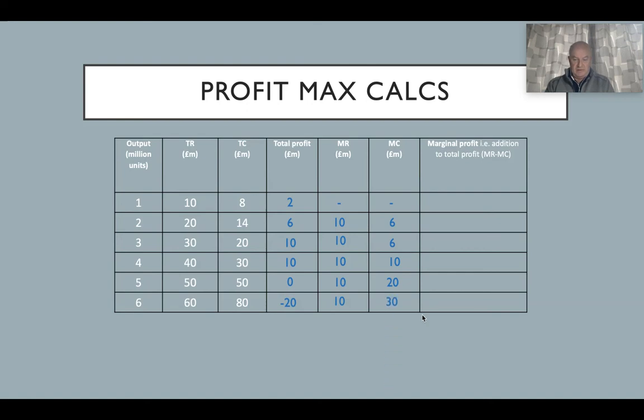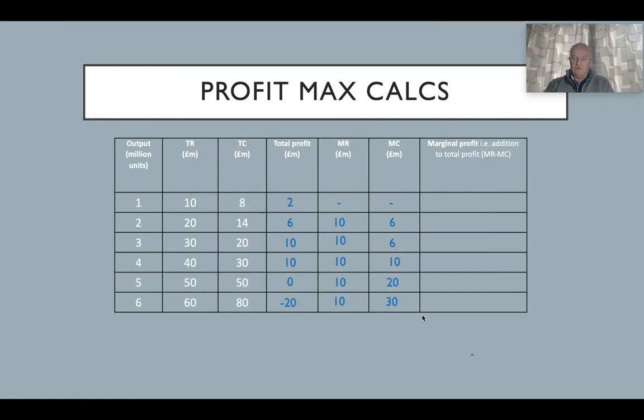And then the final point, the increase between 5 million and 6 million, has gone up to 30 million in terms of the marginal cost. Okay, so that's the increase in the cost, the change in total cost divided by the change in total quantity.